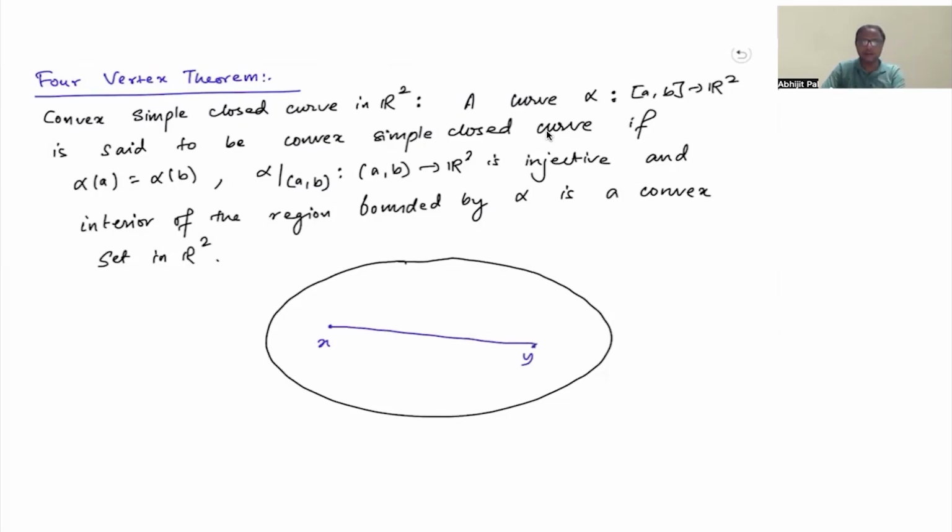This is the meaning of a convex set. Therefore, I have defined a simple closed curve which is convex.